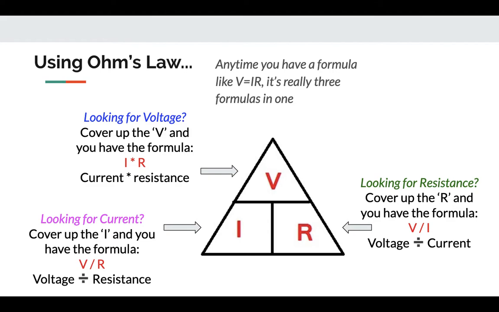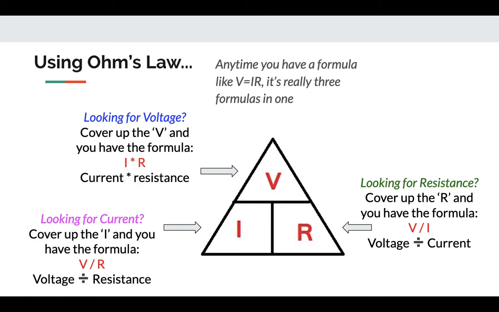So if we look here, we've got our formula, but always remember, whenever you see a formula like that, it's really three formulas wrapped into one, just how we juggle them algebraically. If you happen to be looking for voltage, you take this little triangle and cover up the V. You see the I right next to the R, and you know that it should be I times R, or the current times resistance, how I initially introduced this to you.